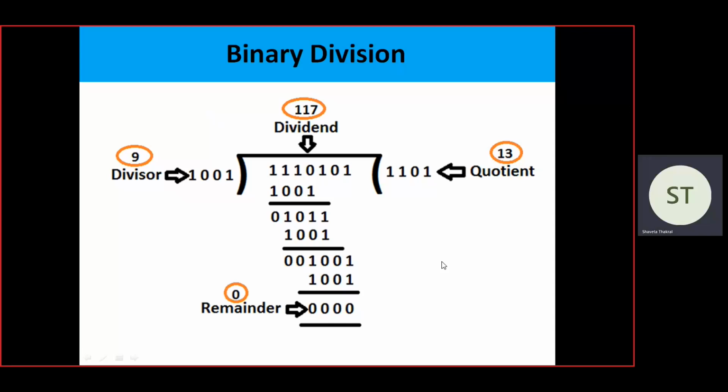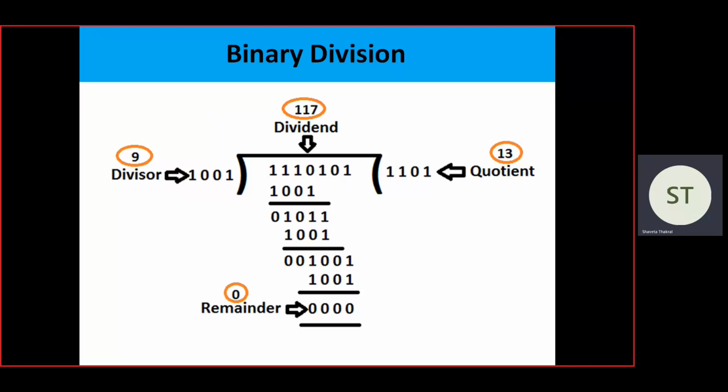Like if we want to multiply 5 and 4, 5 can be added 4 times: 5 plus 5 plus 5 plus 5. The result will be the same: 5 plus 5 plus 5 plus 5 is 20, and 5 times 4 is also 20.